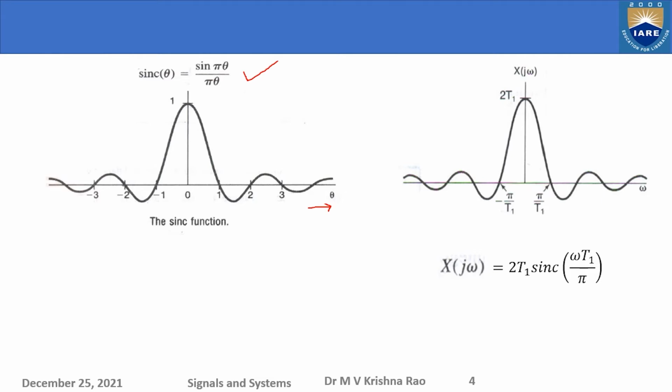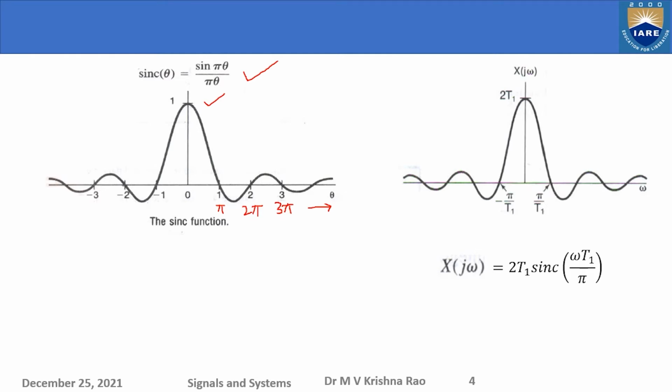And theta 1, 2, 3 means pi theta is pi, 2 pi, 3 pi, like that. So at multiples of pi, the sinc function becomes null, it becomes 0, and the maximum is at 1, that is at the center, because it is a standardized one.